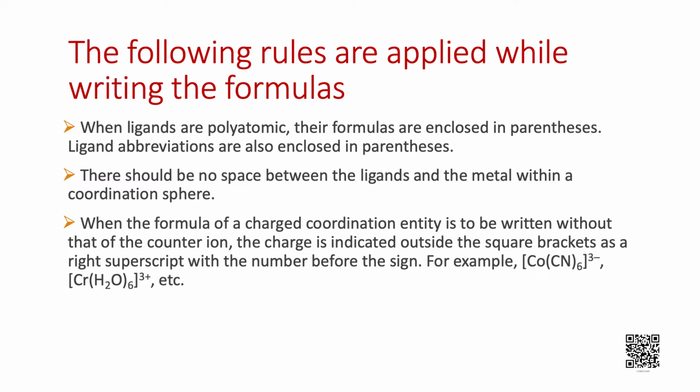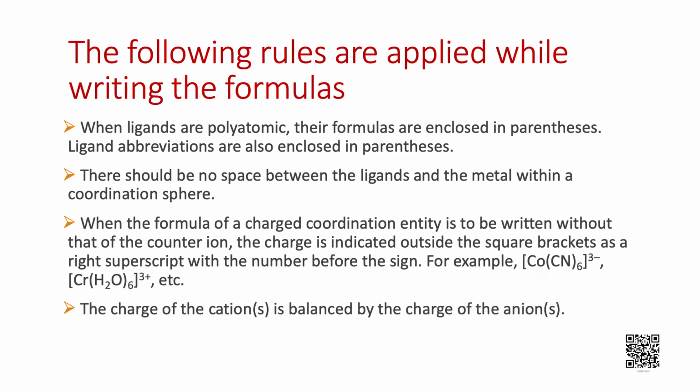When the formula of a charged coordination entity is to be written without that of the counter ion, the charge is indicated outside the square brackets as a right superscript with the number before the sign. For example, in the given complex, the charge is indicated as 3- above on the right hand side of the square bracket, while in the other one it is indicated as 3+ on the right hand side of the square bracket. The charge of the cation is balanced by the charge of the anions.